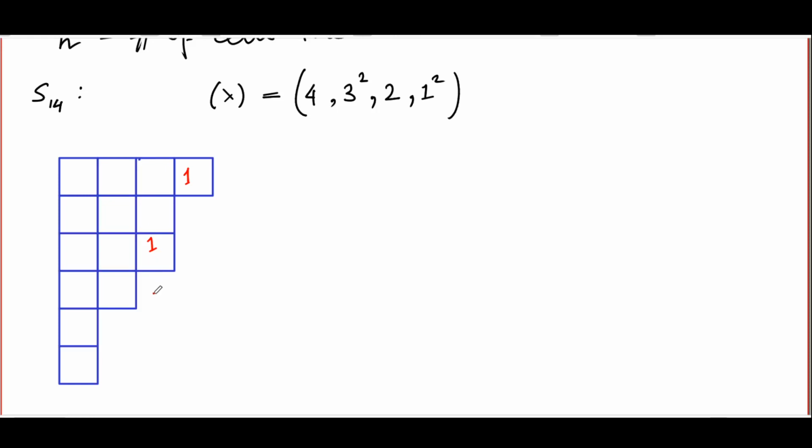For this one, hook length of 2, because you have to go through 2 cells in order to complete the hook. Then this one, hook length of 1. And we go here. This is the hook length of 3.